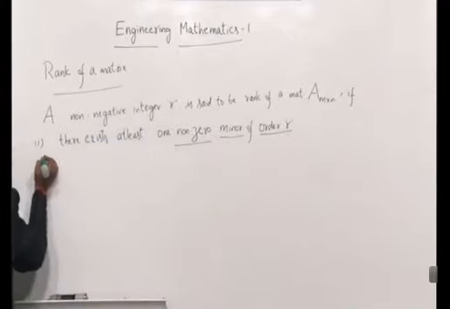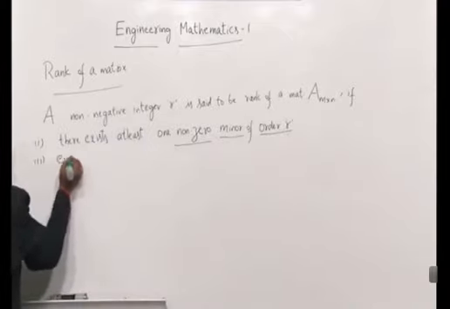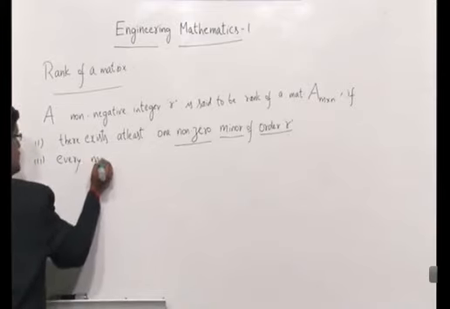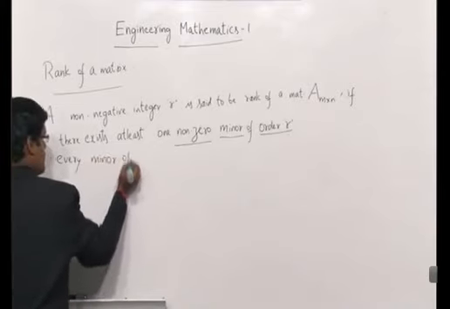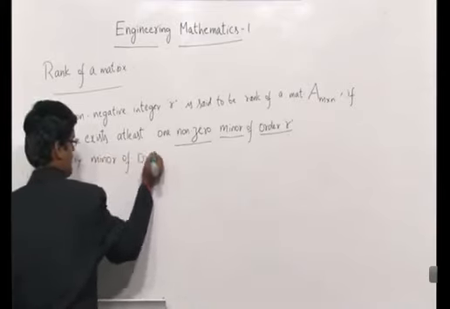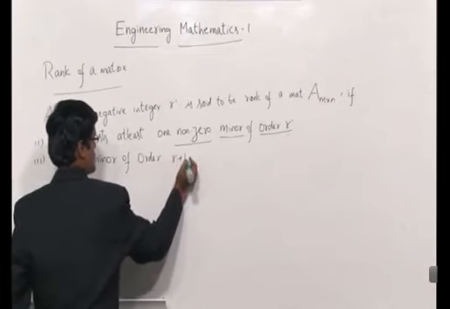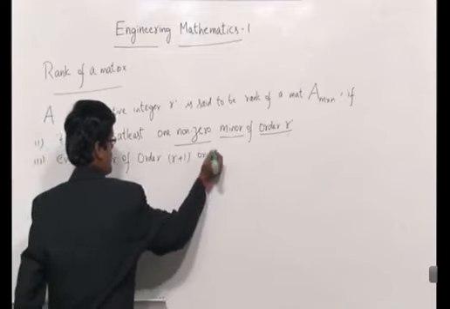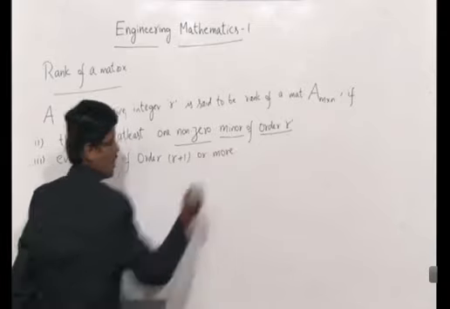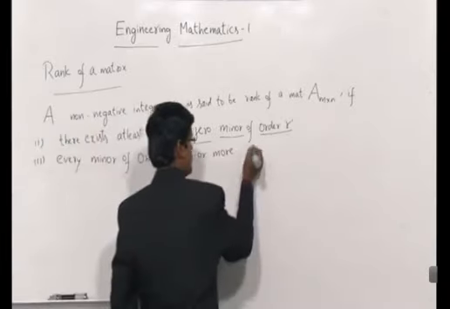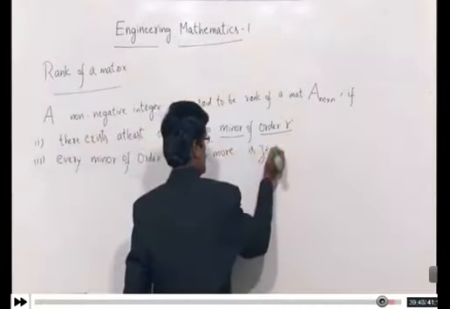Second condition, every minor of order r plus 1 or more is 0.